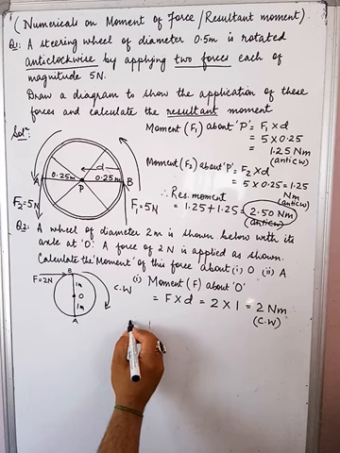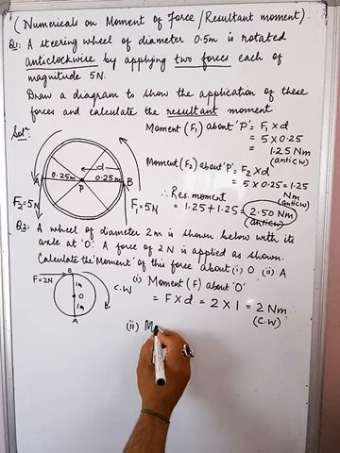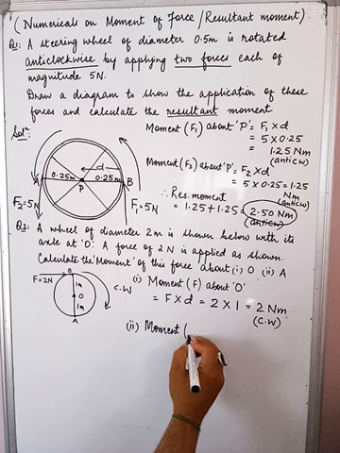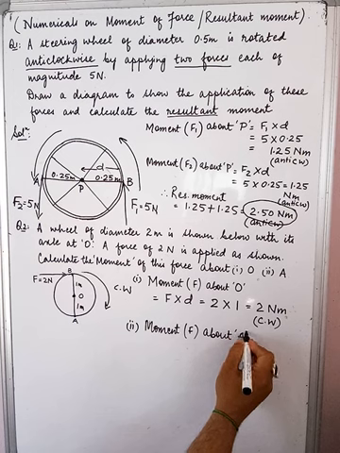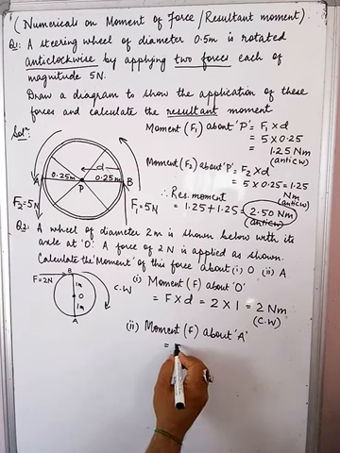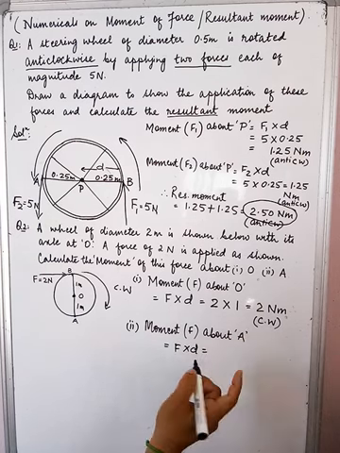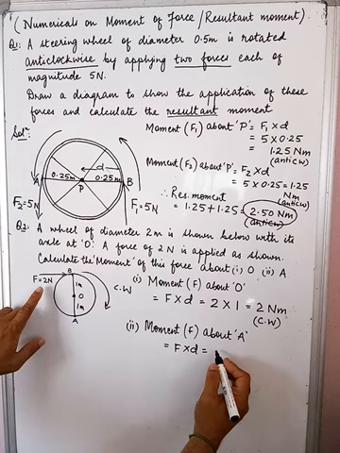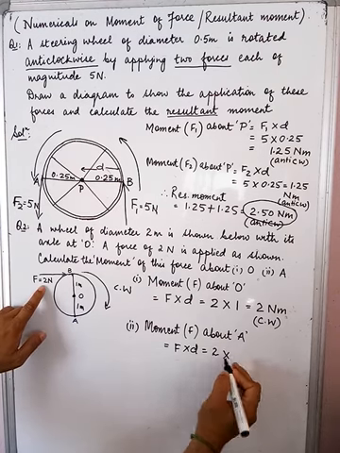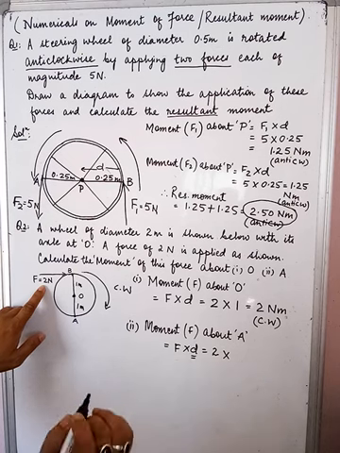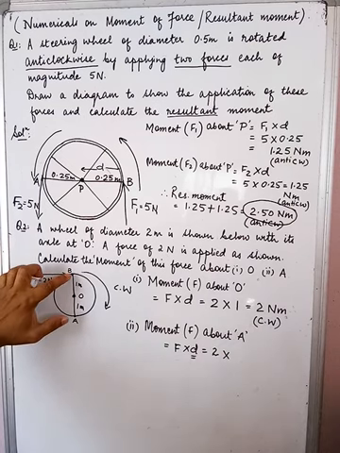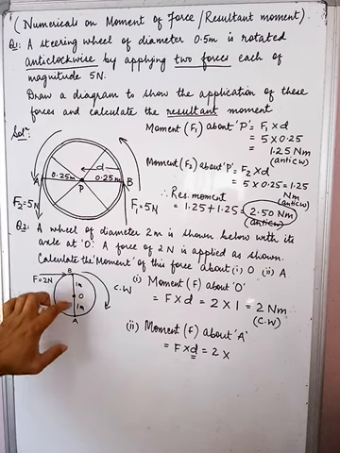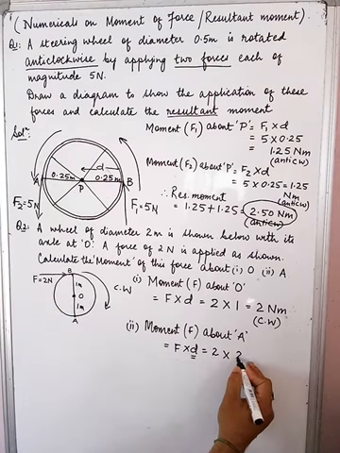Okay. Similarly, if we go to the second part of the question, we will have the moment of the same force F about the second point, which is A. The formula again remains the same, F into D. The force F is still the same, but this time the distance D, since we are taking the pivot as A, from the point of application of force to the new pivot A, the distance is 1 plus 1, which is 2 meters.